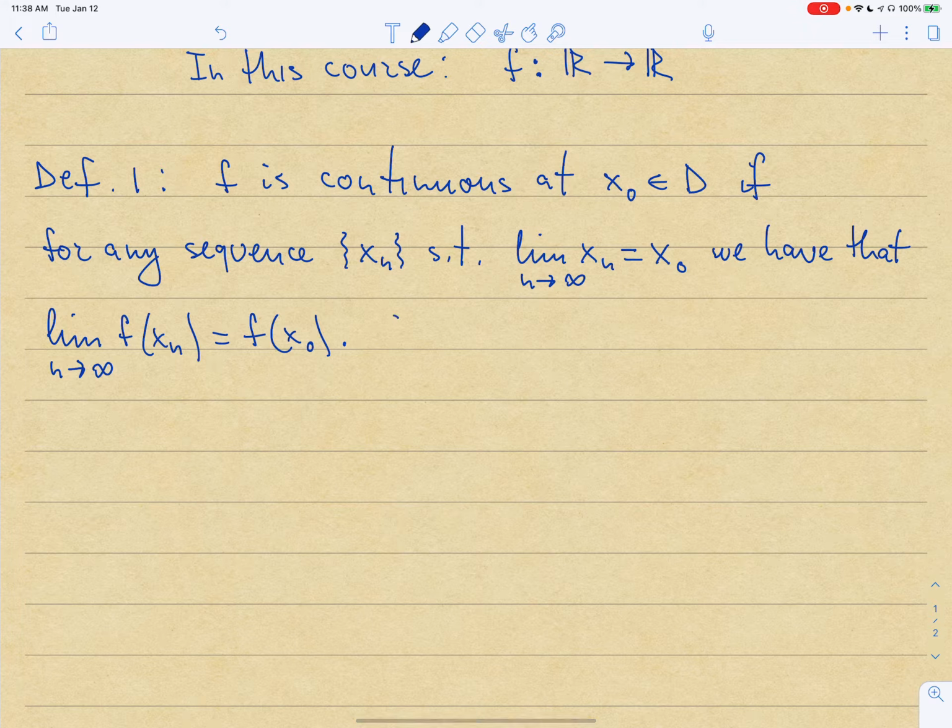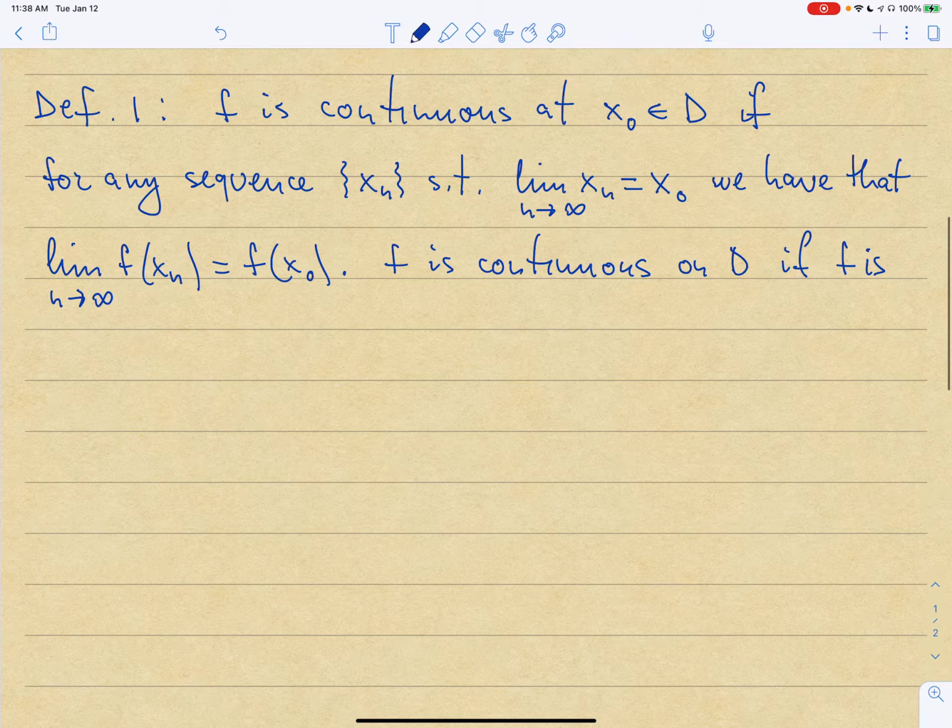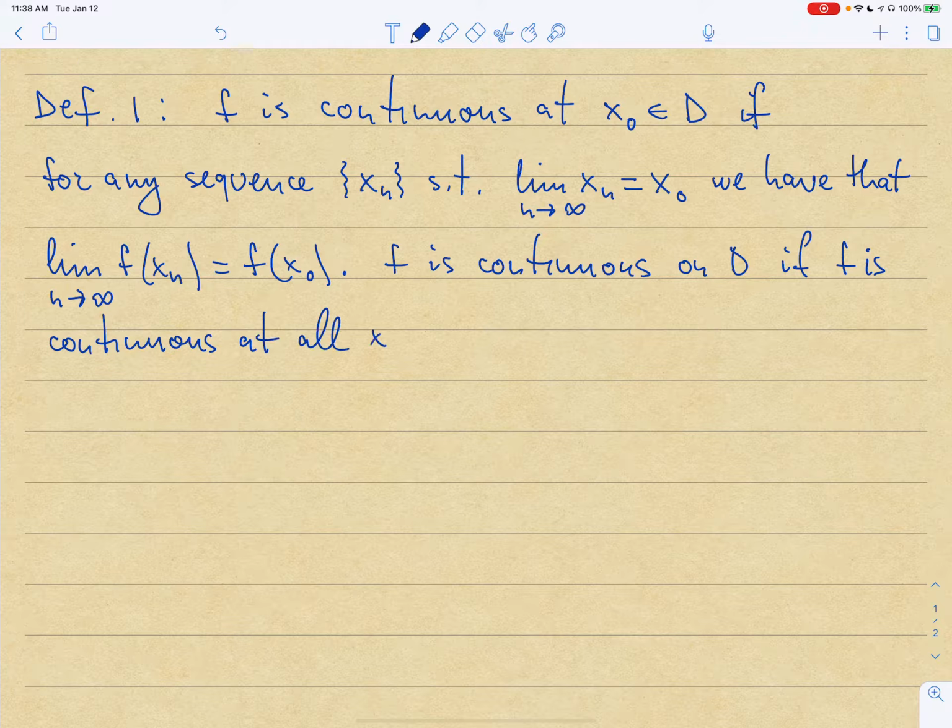We're going to say also that f is continuous on the entire set D if f is continuous at all x0 in D.